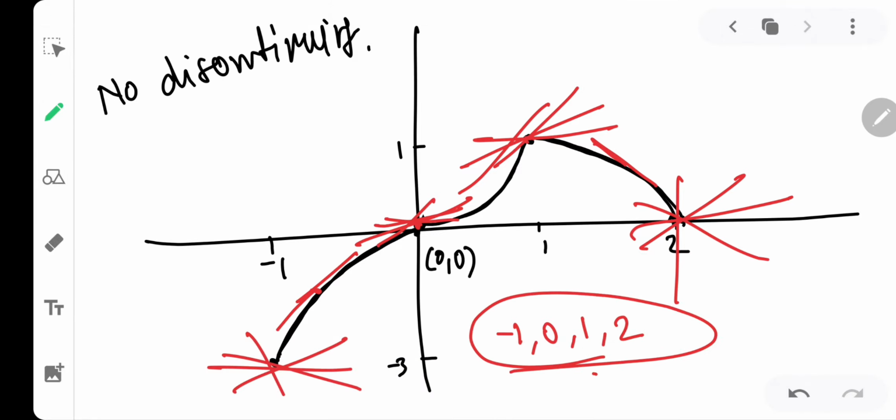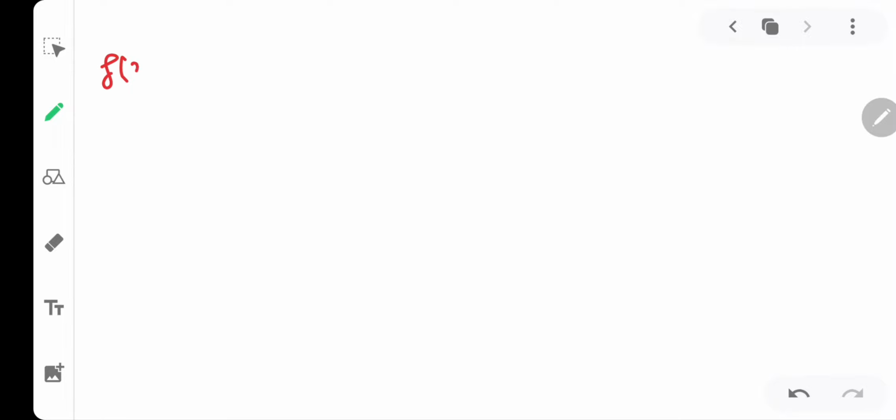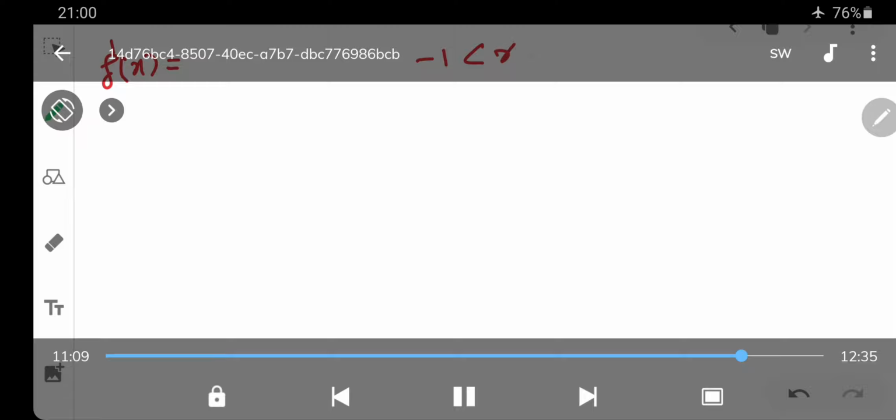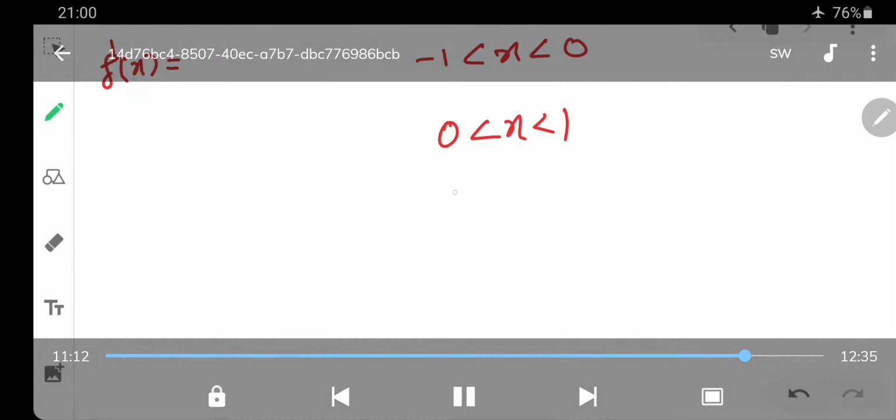These are the 4 points of non-differentiability. 0 and 1 are important points, and -1 and 2 were very easy. Okay, so that is how you do it graphically, but I need to tell you this, even logically also. So that task also I will do for you.